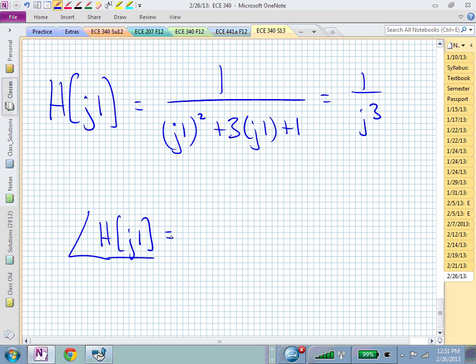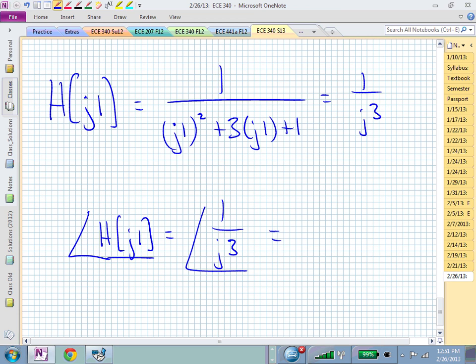What's the angle of that linear system's transfer function at 1 radian per second? It's now the angle of 1 over J3, isn't it? What's the angle? And usually when we're doing angles, we talk about the angle of the numerator minus the angle of the denominator, if we wanted to.